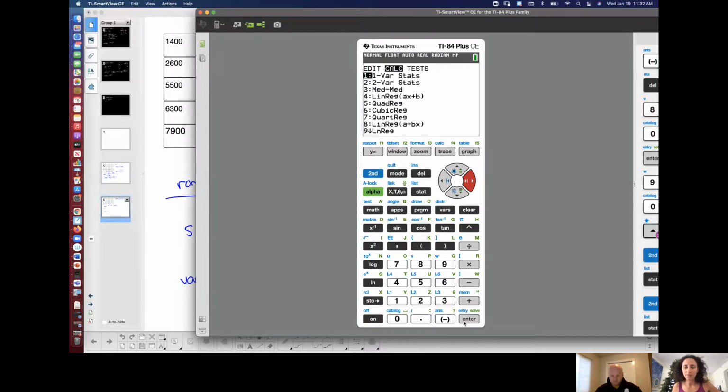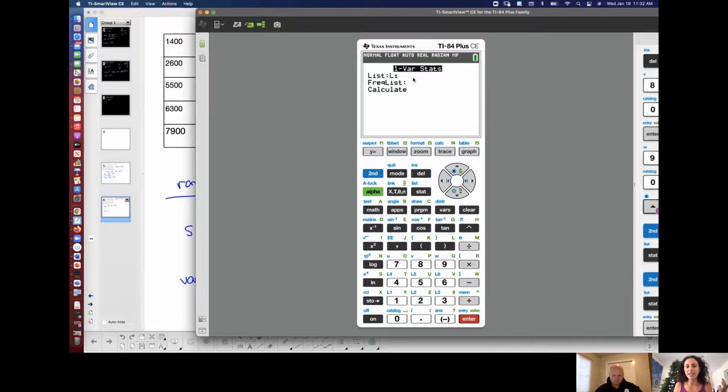One var stats. Now, some of you have TI-84, some of you have TI-83s. The 84 looks like this, this is what your screen looks like. Some of them just say one var stats and then parenthesis blank, so you just have to know what to input. All you need to input is the list, and for me, my list L1 is already there.